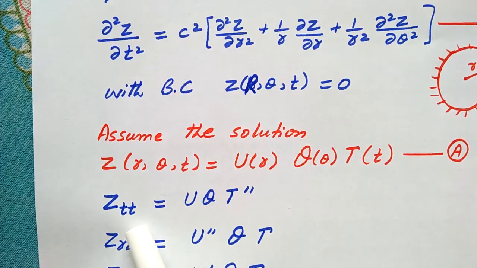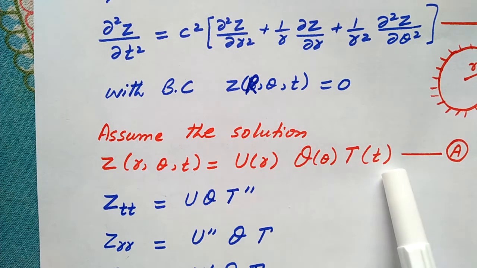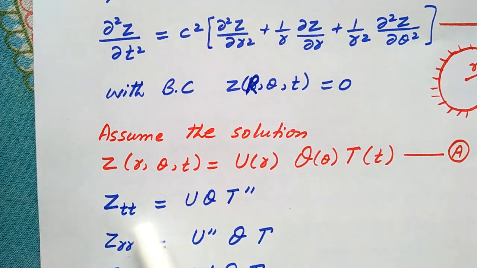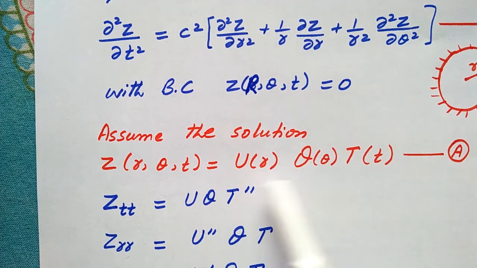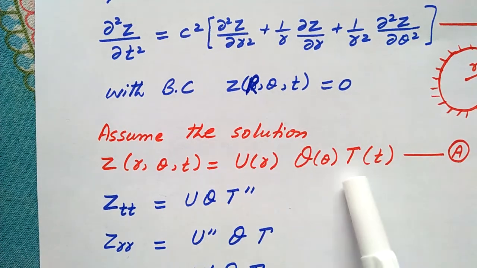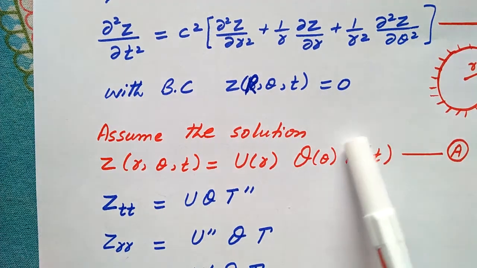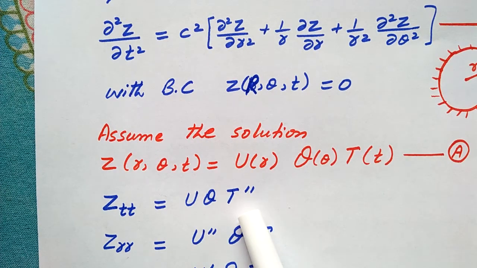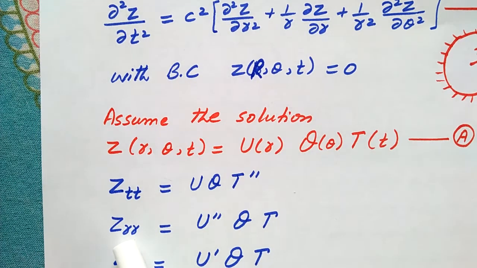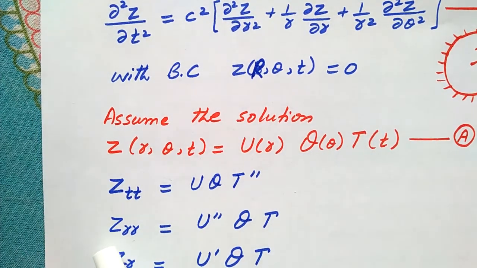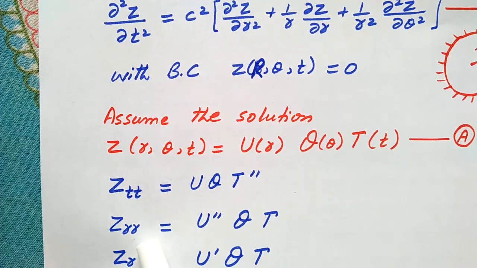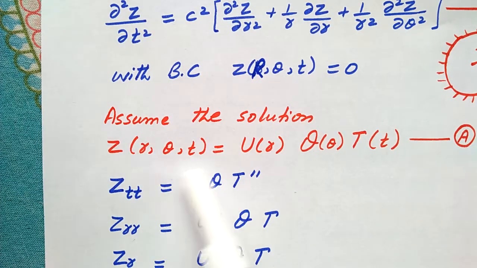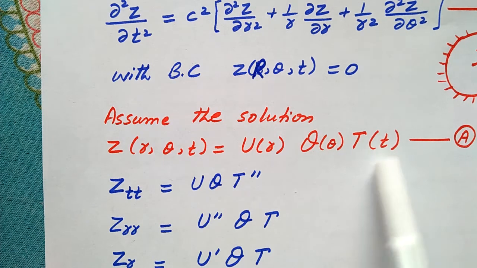Partial square z over partial t square: I differentiate with respect to t two times. The functions of r and theta remain unaffected because I am differentiating with respect to time, so I just differentiate T, and u and theta remain the same, and T becomes partial square T over partial t square. Similarly, to find z_rr, the derivative of z with respect to r two times, I differentiate equation A two times with respect to r.